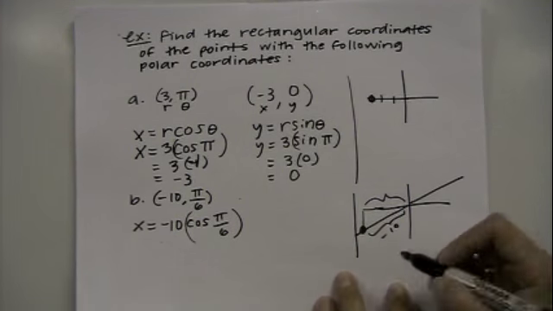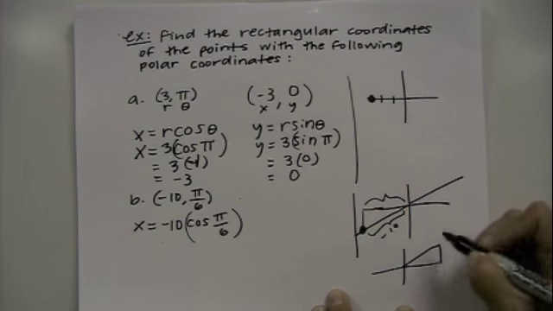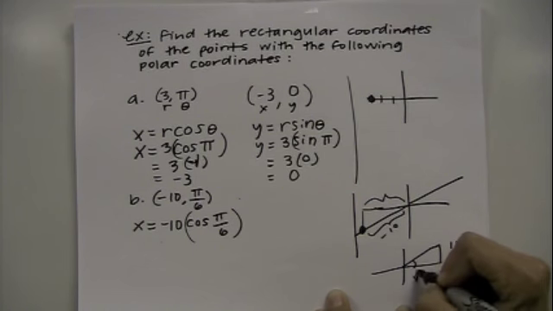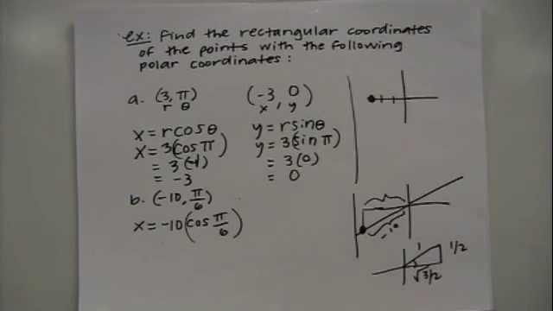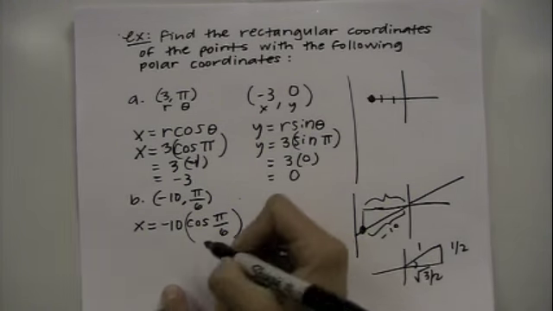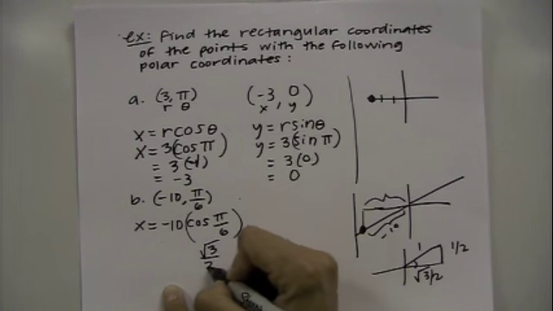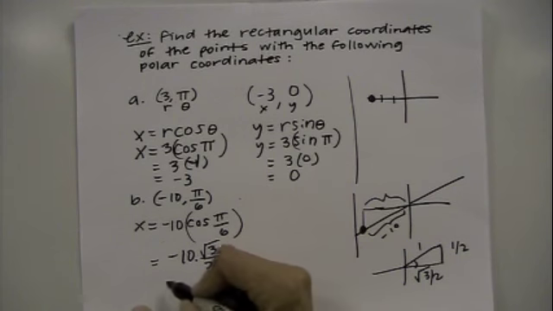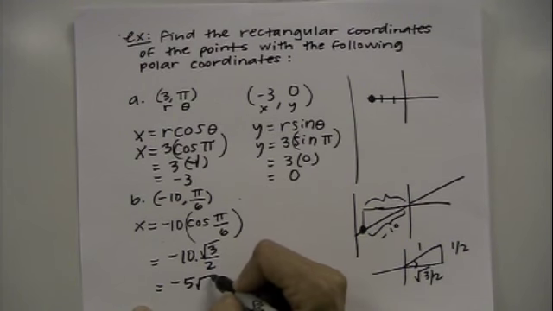Cosine of pi over 6, here's my pi over 6, 30 degrees, I have 1/2, I have √3 over 2, and a hypotenuse of 1. So cosine of pi over 6 would be adjacent over hypotenuse, so √3 over 2. And if you reduce this, you get -5√3.